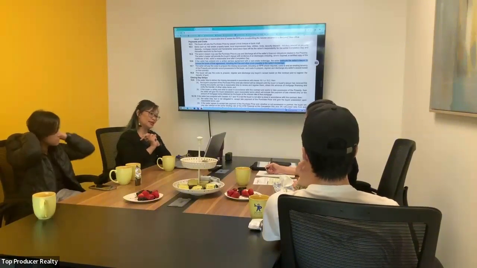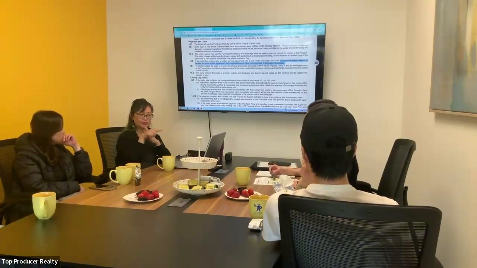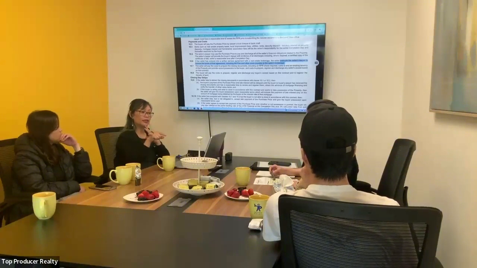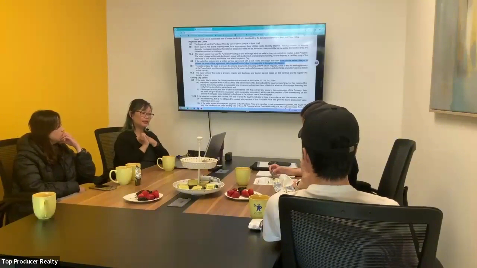Utilities, they won't adjust. Rent, sometimes it goes through the lawyer, sometimes not, depending on the contract. If you say in the contract that the lawyer will adjust the security deposit or rent, then the lawyer will do the adjustment. But if you don't put it in the contract, then you adjust outside the contract.